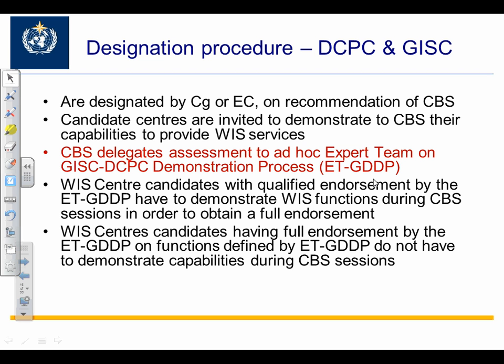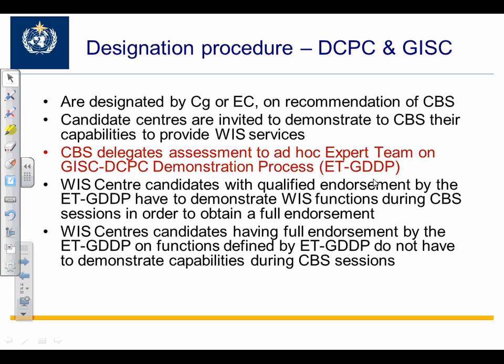WIS center candidates with qualified endorsement by the ETGDDP have to demonstrate WIS function during CBS sessions in order to obtain full endorsement. WIS center candidates having full endorsement by the ETGDDP on functions defined by the ETGDDP do not have to demonstrate capabilities during CBS sessions. So what does this mean?